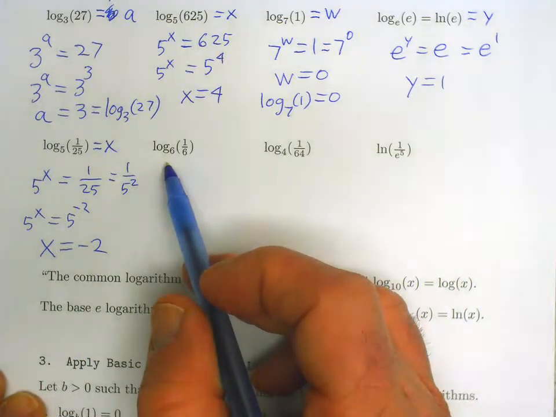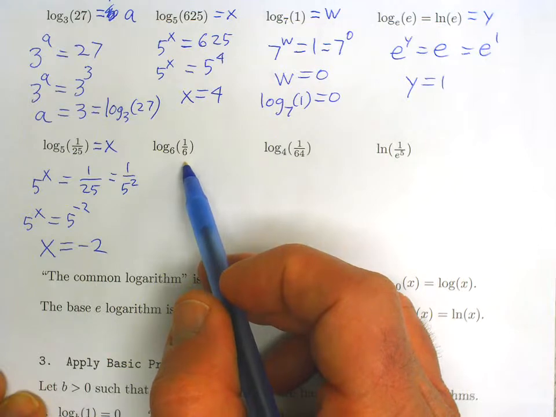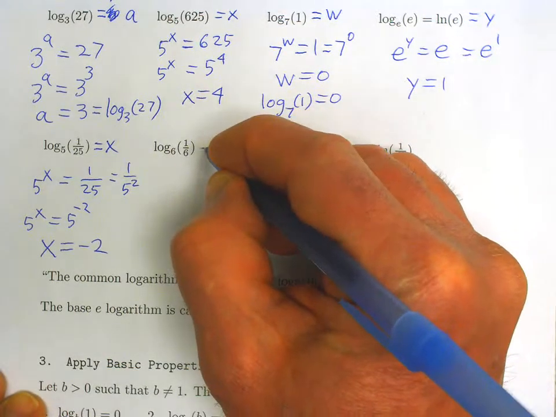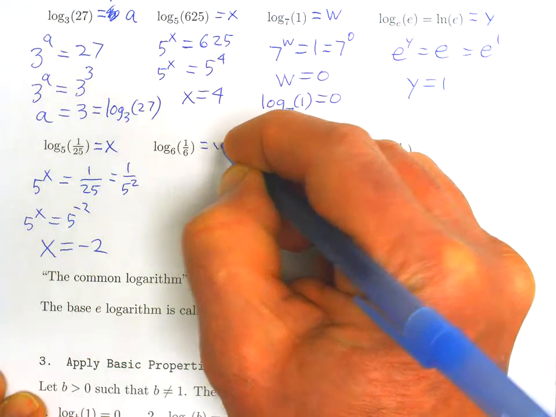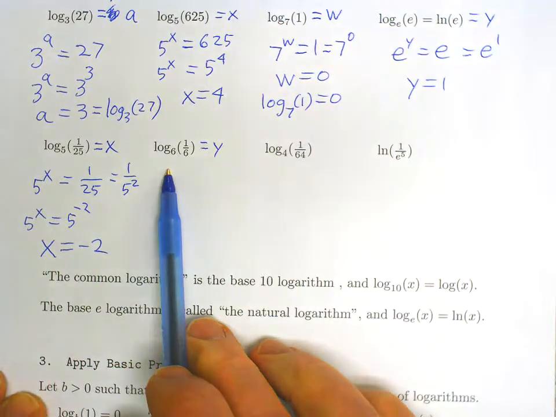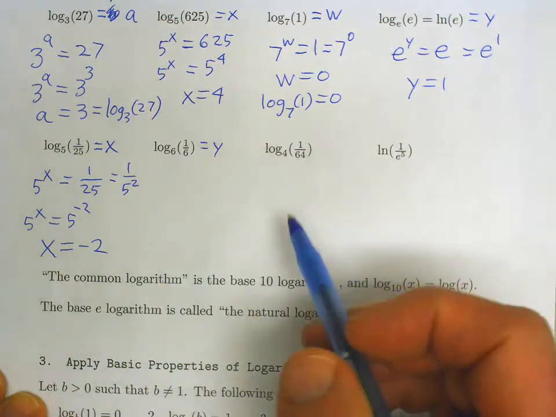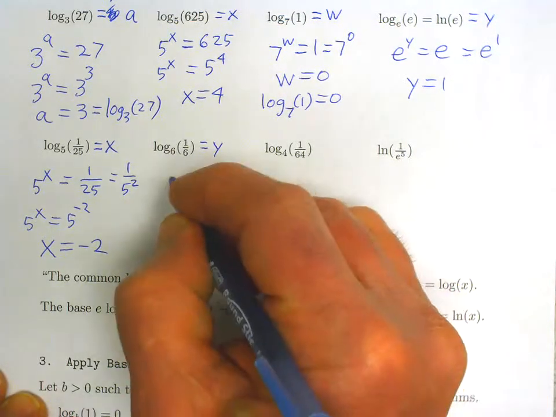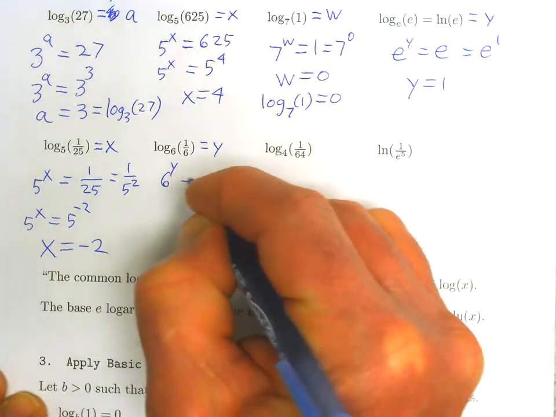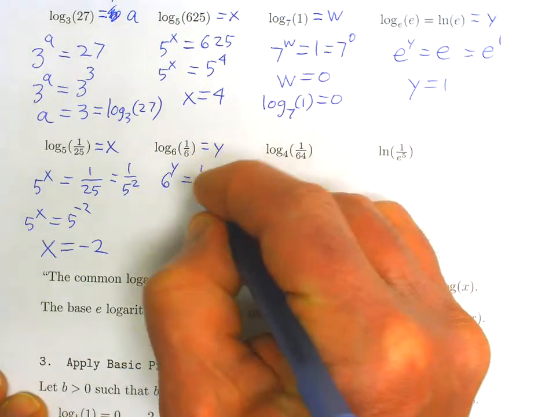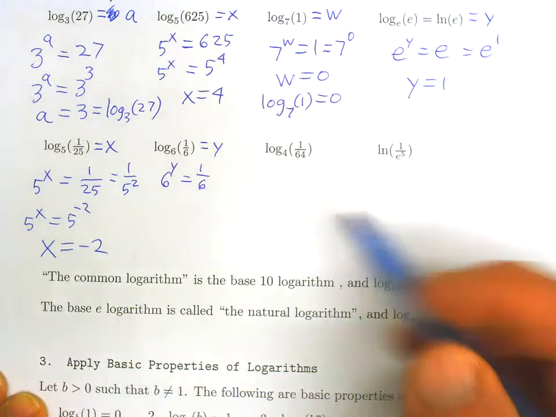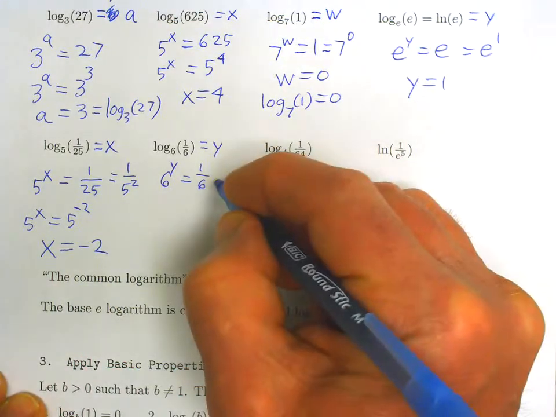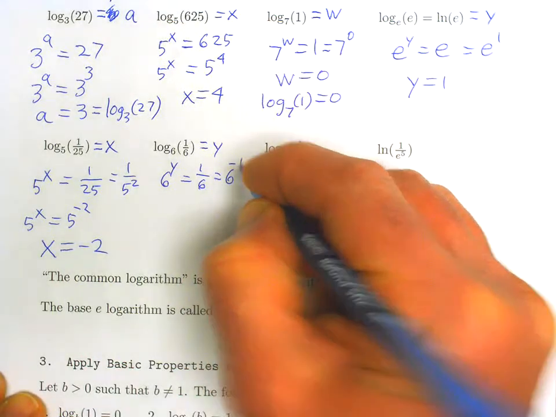Okay, log base 6 of 1 over 6. So let's say it's equal to y. Then convert the logarithmic equation to an exponential equation. The base number 6 raised to the exponent y is equal to 1 over 6, which is 1 over 6 to the first, which is just 6 to the negative 1 power.